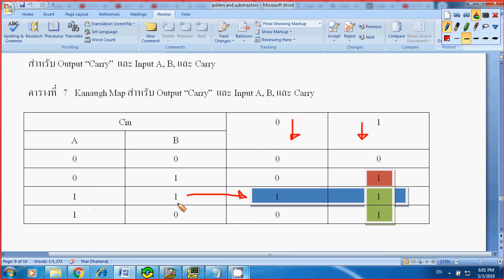Because A and B don't change. But for the C input, you can see that this one moved from the left to the right, and C switches from 0 to 1. So we will not use C in. So the blue one is going to be what? A and B, right? A dot B.